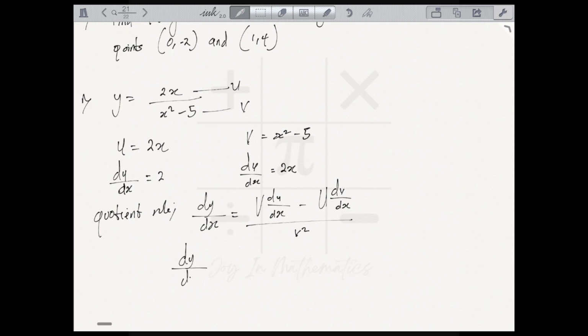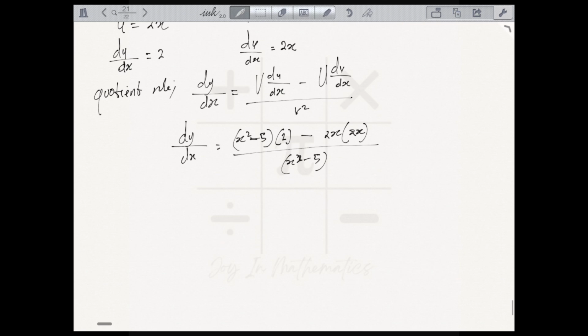Therefore, our dy/dx is equal to x squared minus 5, because that's our v, times du/dx which is 2, minus u which is 2x times dv/dx which is 2x, divided by x squared minus 5 all squared. Now let's open up the brackets. We have 2x squared minus 10 minus 4x squared.